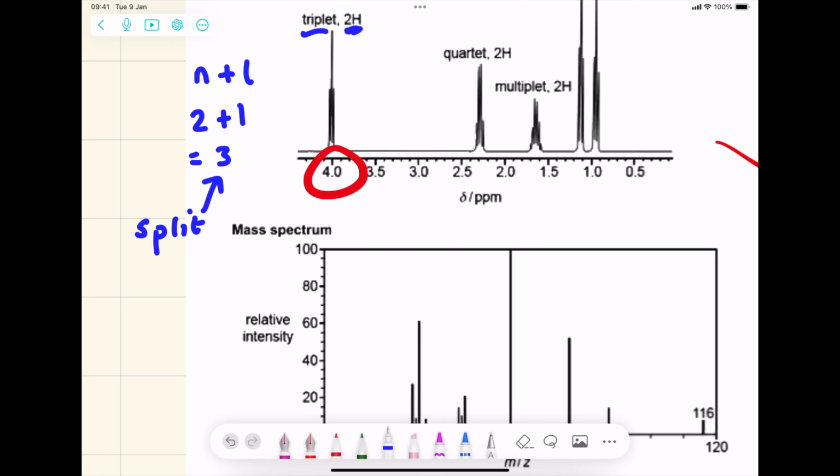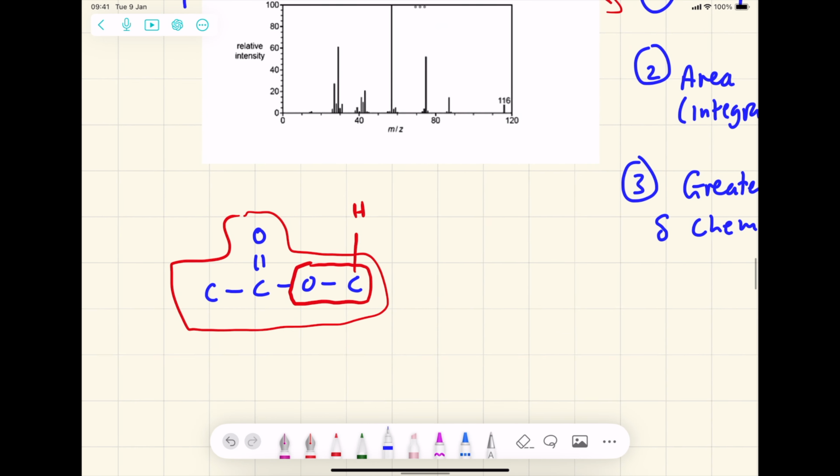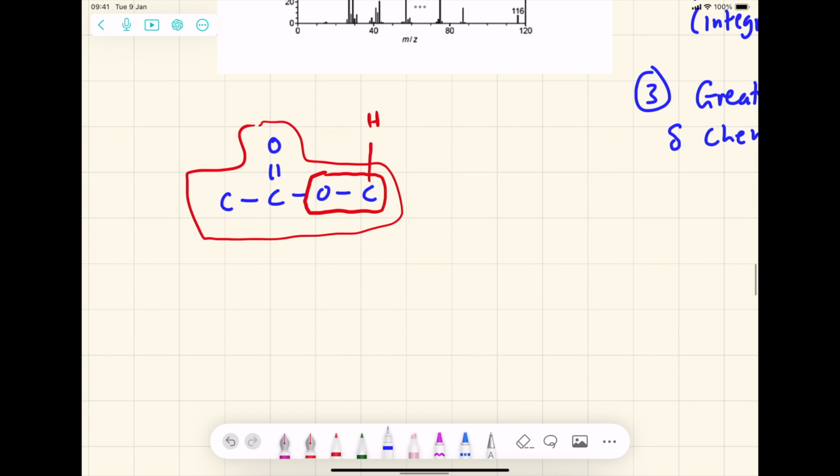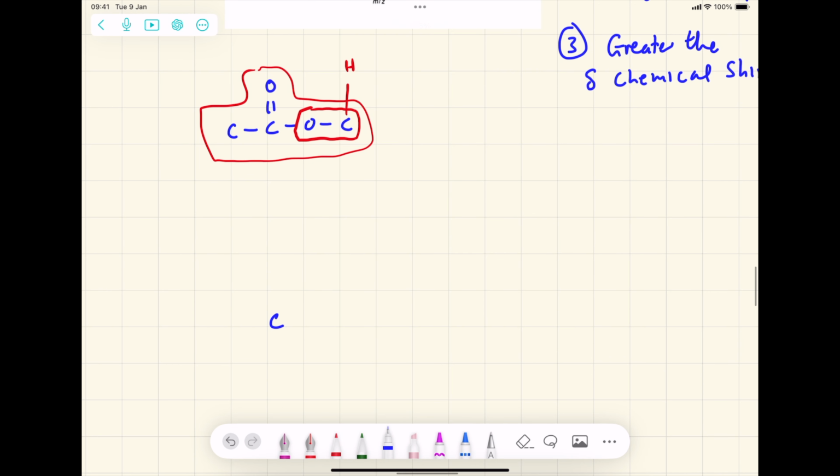So now I can start to build the molecule. So let's make this a little bit more clear. So we've got C double bond O, C single bond O, a carbon that has to have two hydrogens, and that also must be bonded to a carbon which has two hydrogens as well, because if I just circle what I mean there, that is the neighbouring environment, of which the number of hydrogens attached to that neighbouring environment is 2, and then the 2 plus 1 makes 3.